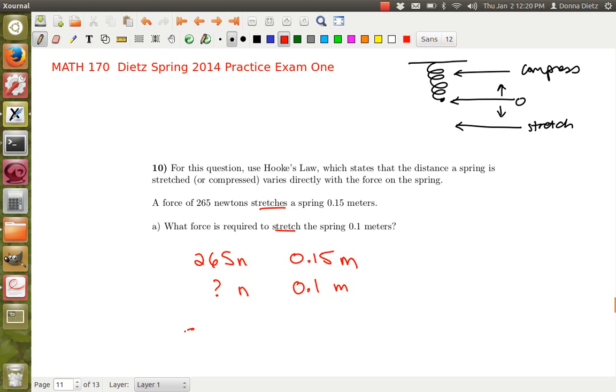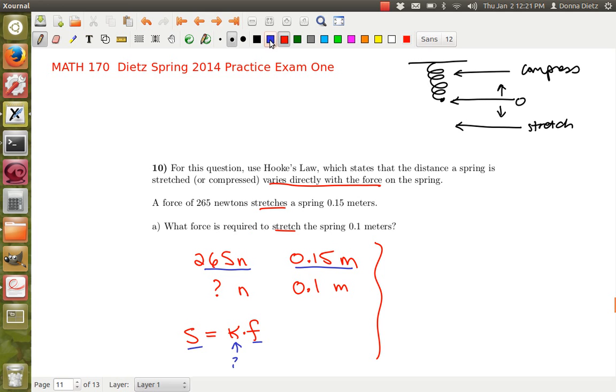I'm going to say stretch is equal to some constant times the force, proportional to, varies directly with the force. Then I'm going to put in one of these points and solve for K, and then I'll just be able to use the formula. A lot of you are formula people, so we'll do it that way.